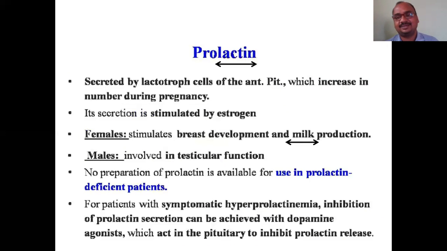And prolactin, the name itself indicates lactin, milk. It is mainly in females; it stimulates breast development and milk production. After pregnancy, after delivery of a baby, this hormone will be increased. Whenever you are feeding, you are getting feeding from your mother. In males, it is involved in testicular function.